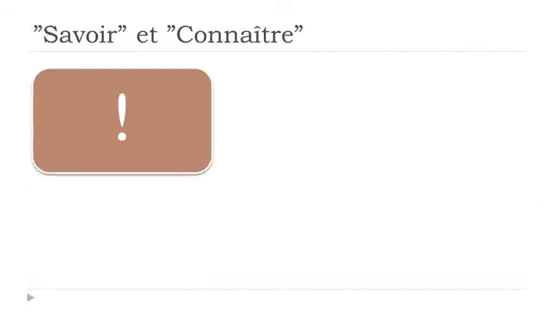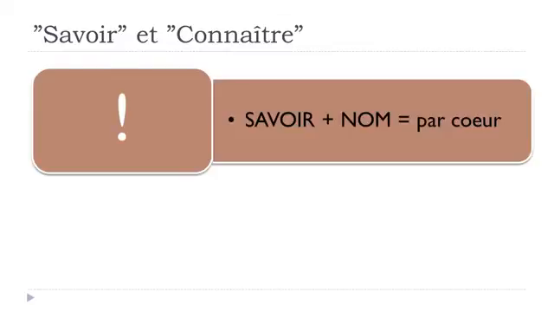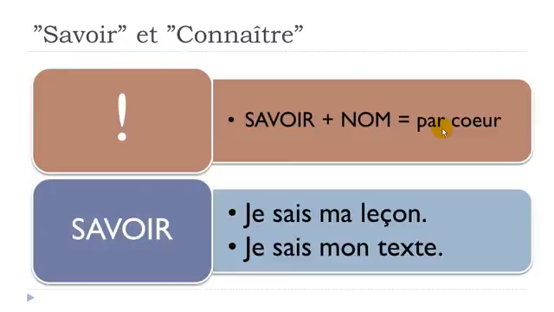But, of course, there is one exception, and the exception is savoir plus a noun. You will use this structure only if you want to introduce this concept that we call in French par cœur, so by heart. Let's see one example. Je sais ma leçon. Savoir, to know, ma leçon, my lesson.